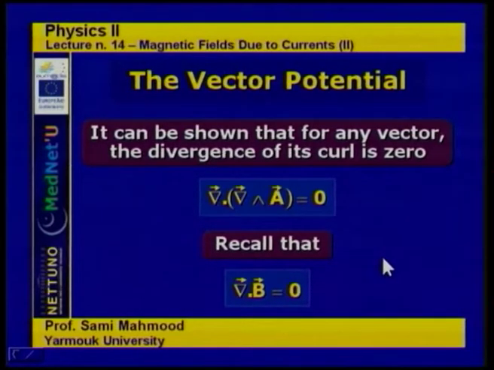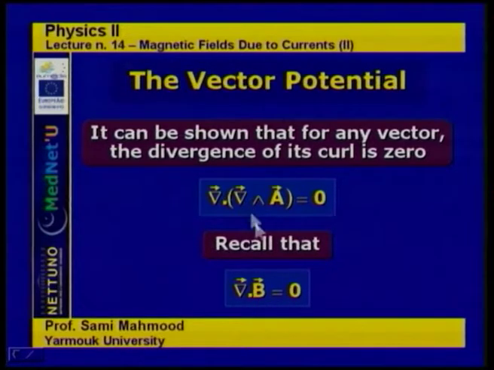This is true because we don't have magnetic monopoles in space, and also the divergence of the curl of a vector is equal to 0. That means B in general is a curl of a vector. It should be in the form of a curl of a vector.